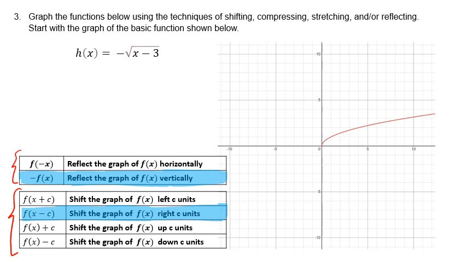We've got to move the graph to the right, and we've got to reflect it vertically. All right, so this is a two-step problem. So step 1, there's a shift to the right.